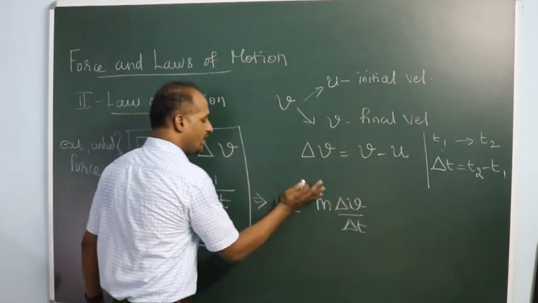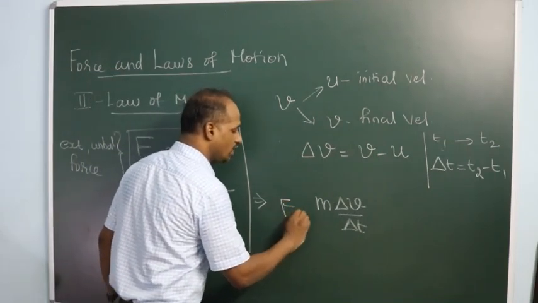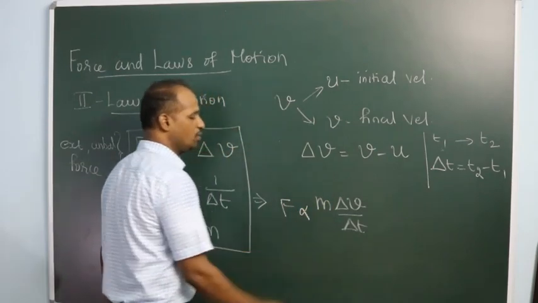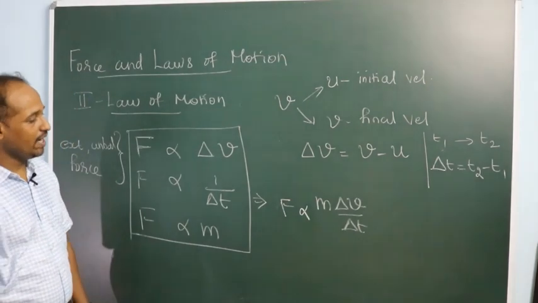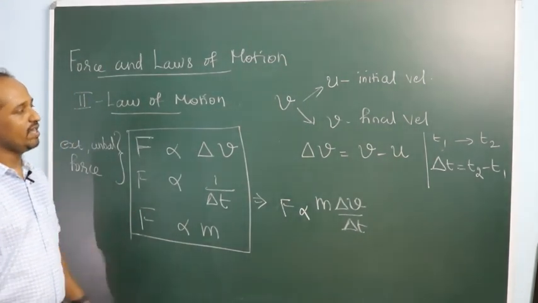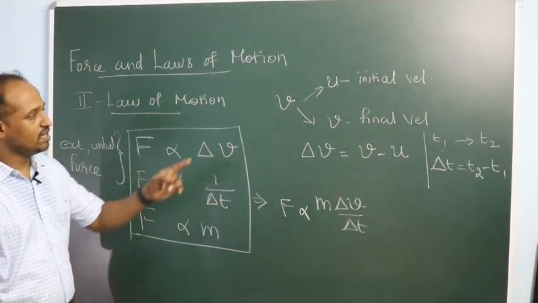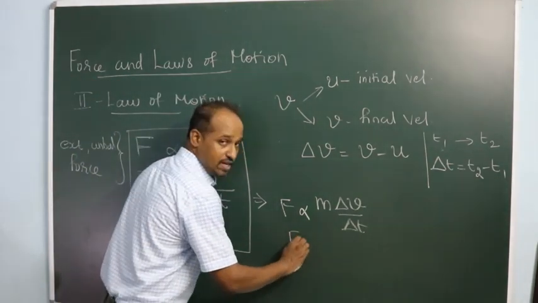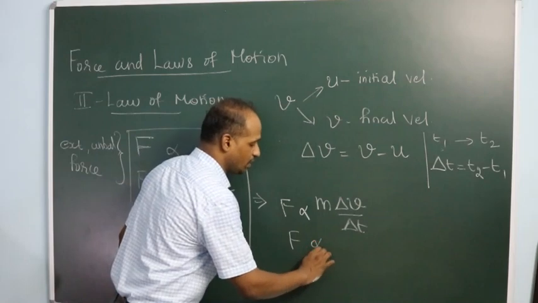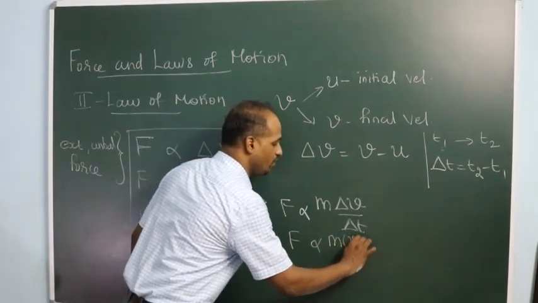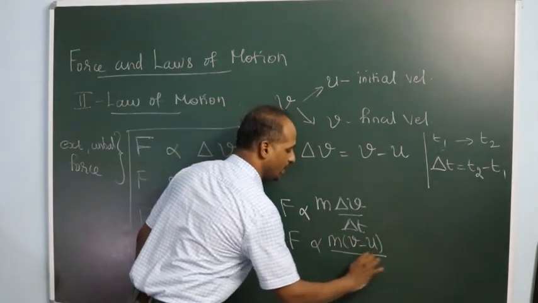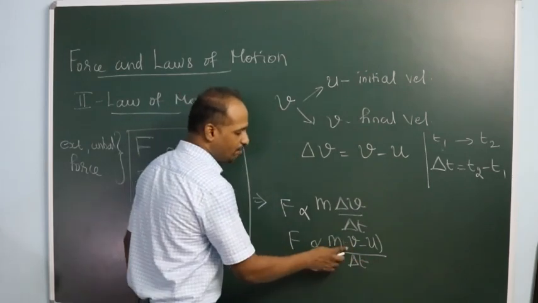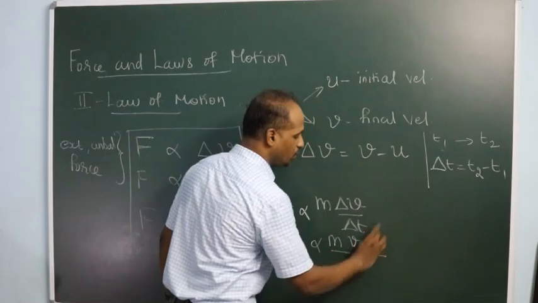Then what we get is force is proportional to m into delta v by delta t. What is delta v? Change in velocity. Change in velocity means v minus u. Then the next step is F is proportional to m into (v minus u) by delta t. Then when you multiply inside, m into v and m into u.